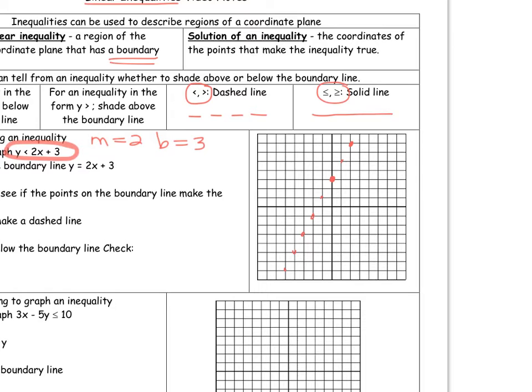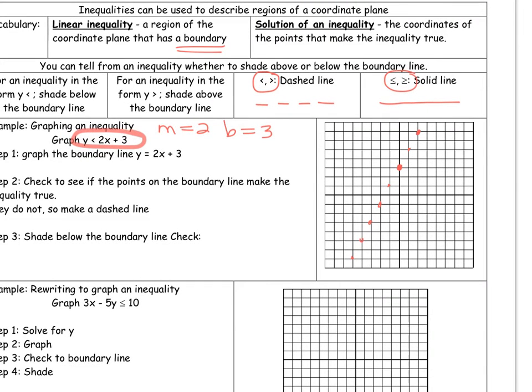So here's where it gets a little different. The inequality symbol for this inequality is less than. So instead of drawing a solid line, we're just going to draw a dashed line. And that's going to be our boundary line. I want to know all the points in this coordinate plane where y is less than 2x plus 3.